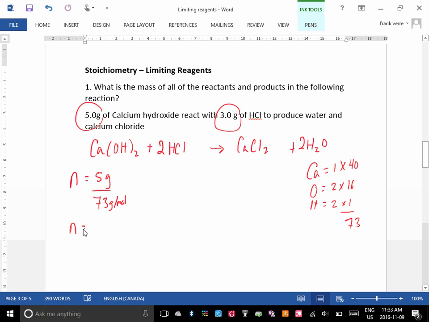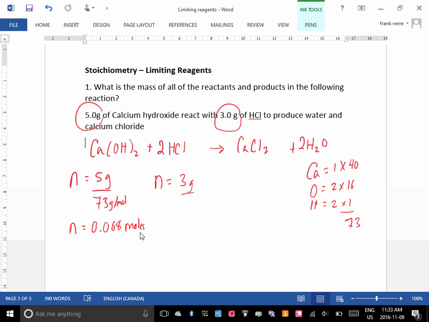So how many moles is that? What's 5 over 73? Zero point zero six eight. Thanks, Sarah. Moles. Okay, so now we know how many moles of calcium hydroxide. We're told we have 3 grams of hydrochloric acid, so 3 grams is how many moles?